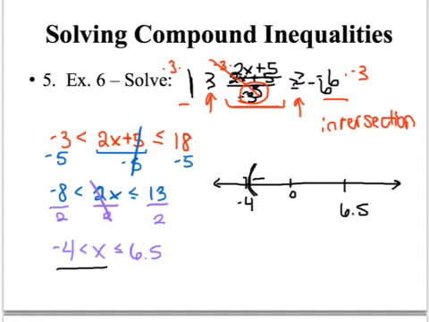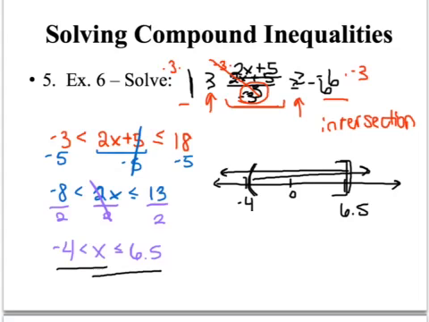So I use parentheses, and then I draw a line to the right, because those are the values that are larger than negative 4. The next one, x is less than or equal to 6.5. This one is equal to, so I want to make sure I use a bracket. And I'm going to draw my arrow over those values that are less than 6.5.